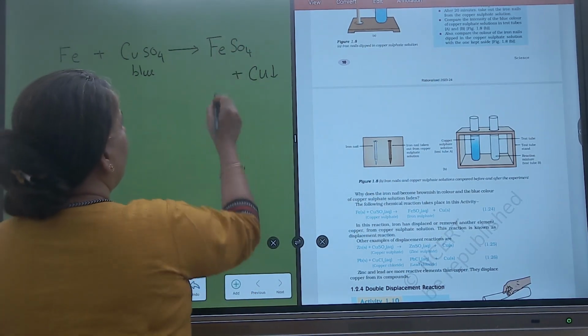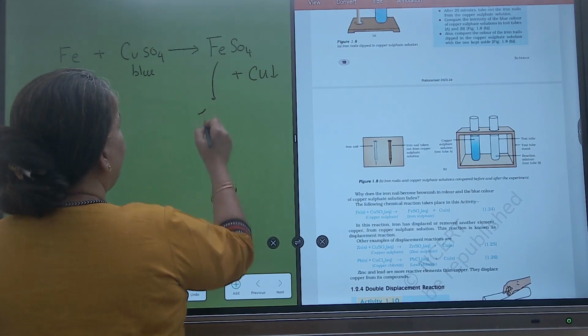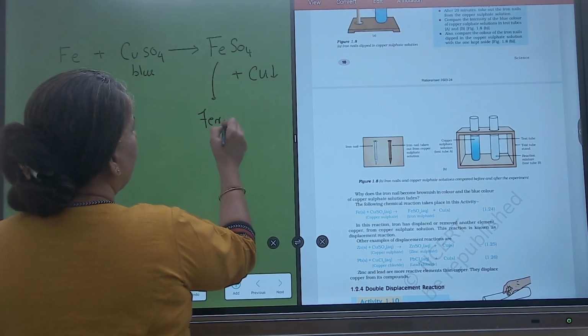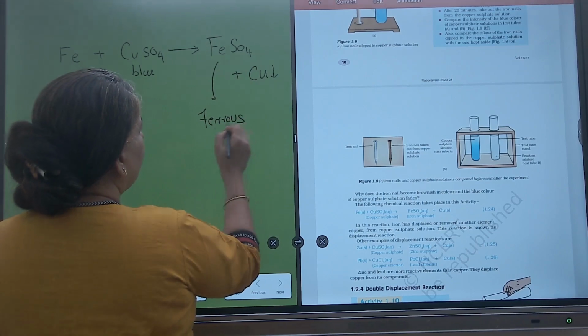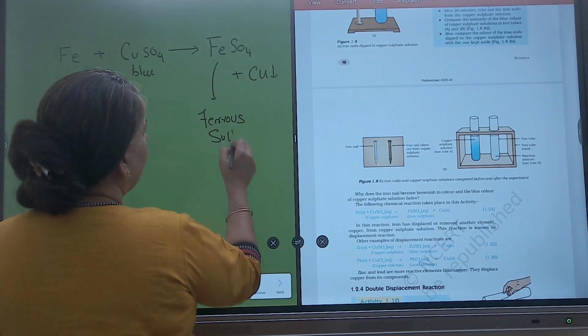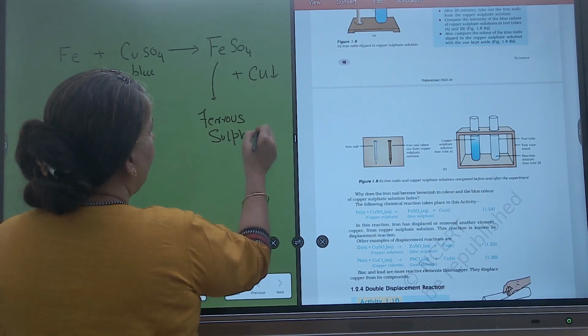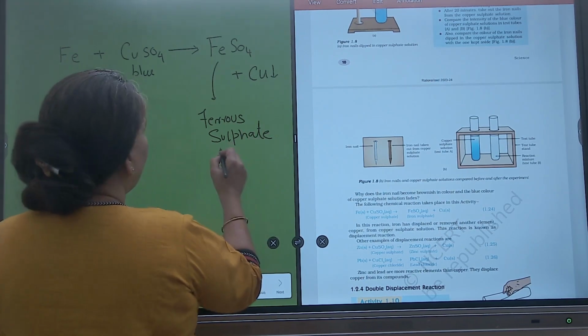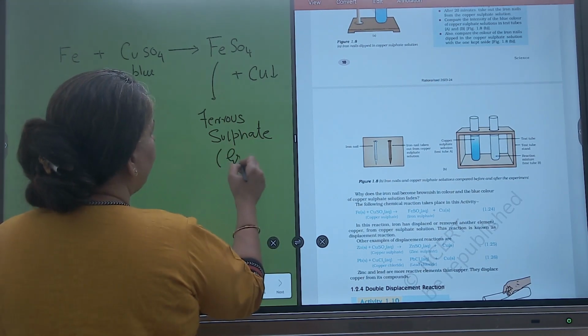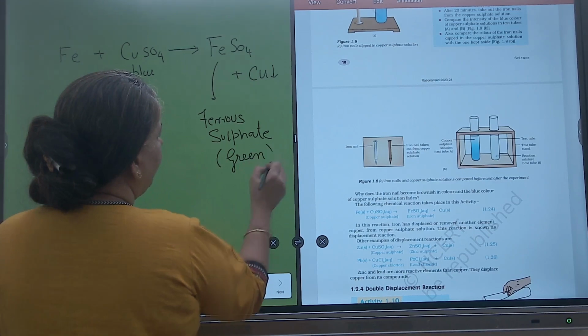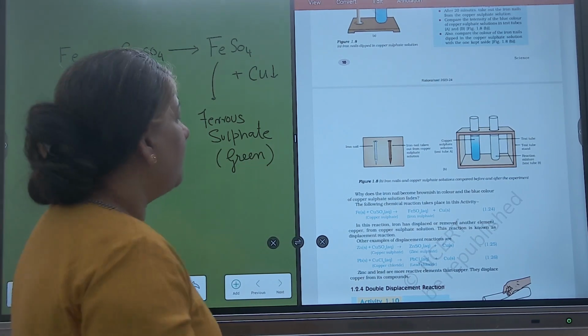Ferrous sulfate is green in color. So the blue color will start disappearing and a greenish shade will start appearing.